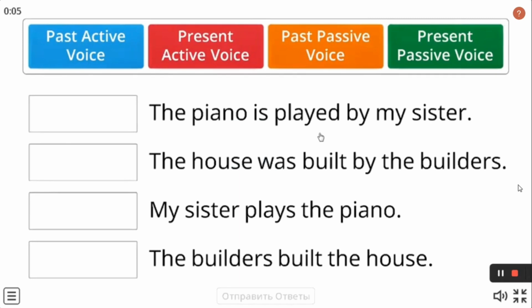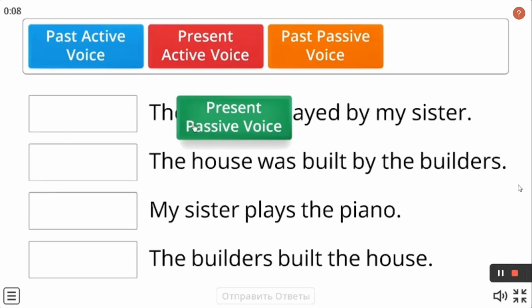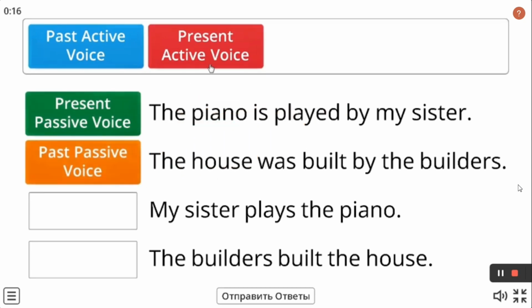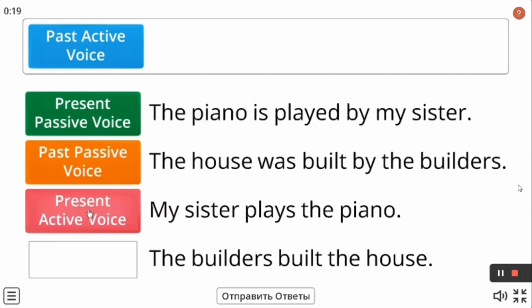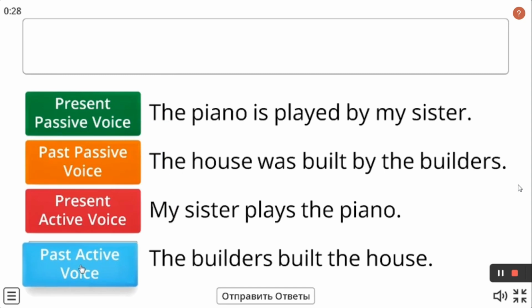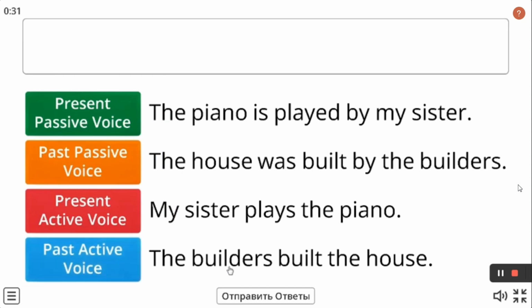The builders built the house. Let's check yourself.